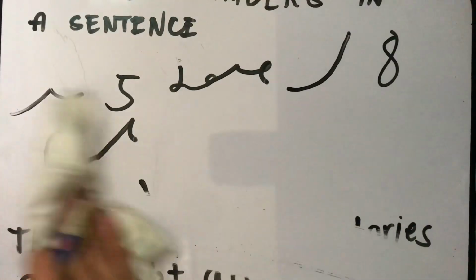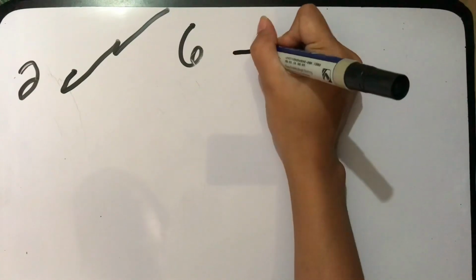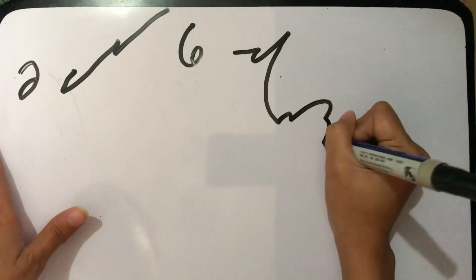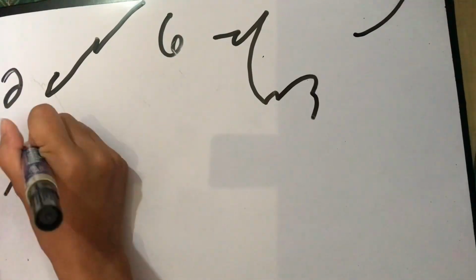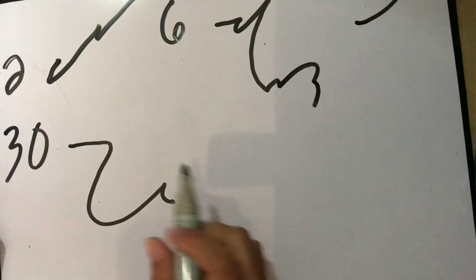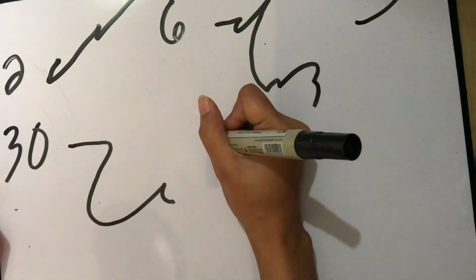Let's have another example. So we ordered 6 notebooks and 30 envelopes.